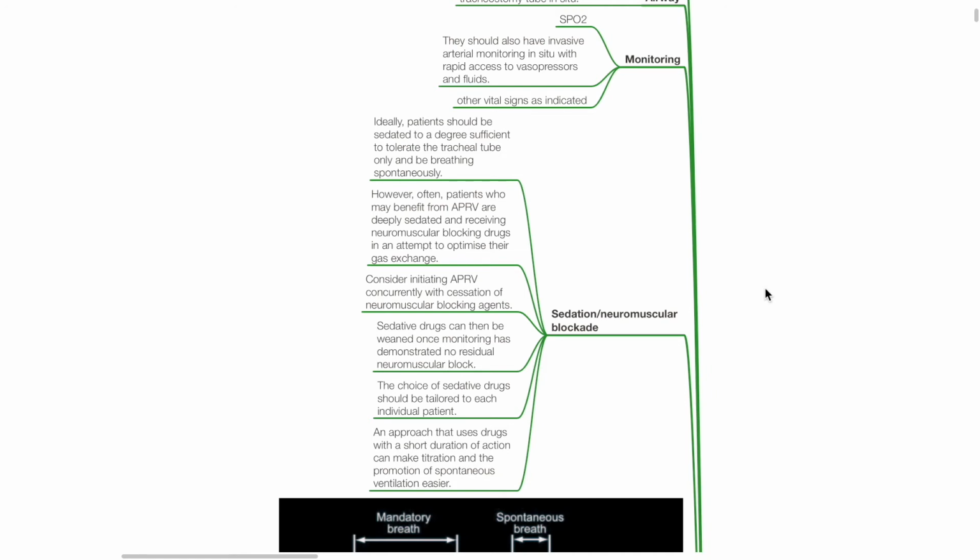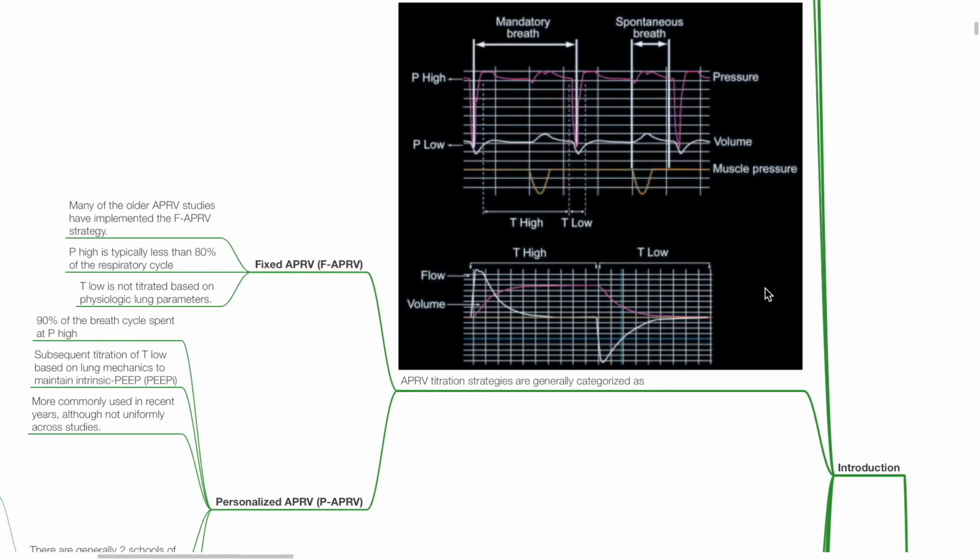Sedative drugs can then be weaned once monitoring has demonstrated no residual neuromuscular block. The choice of sedative drugs should be tailored to each individual patient. An approach that uses drugs with a short duration of action can make titration and promotion of spontaneous ventilation easier.